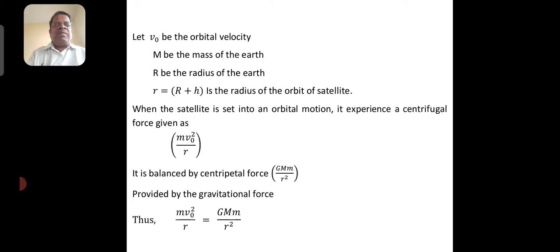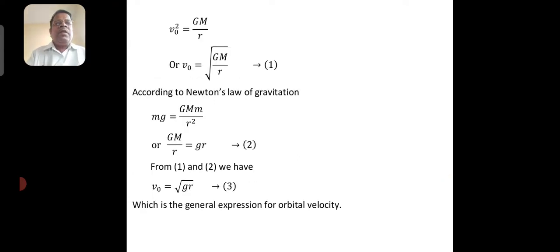It is balanced by centripetal force, which is provided by gravitational force GMm by r square. Therefore, mv0 square by r, centripetal force required, is equal to GMm by r square, which is provided by gravitational force. v0 square equals GM by r, v0 equals root of GM by r. Take it as equation 1.